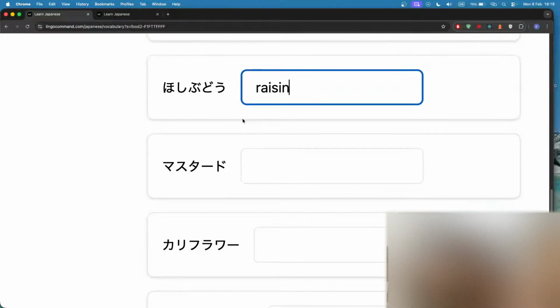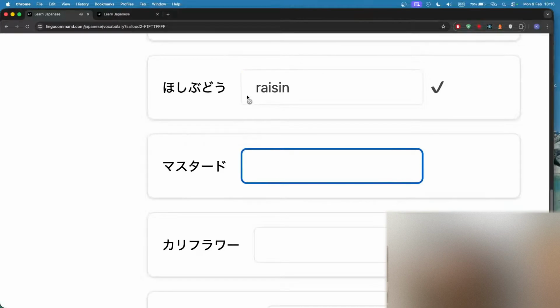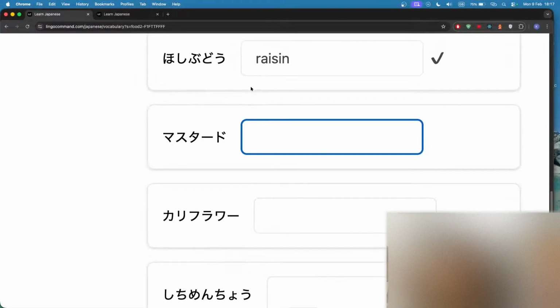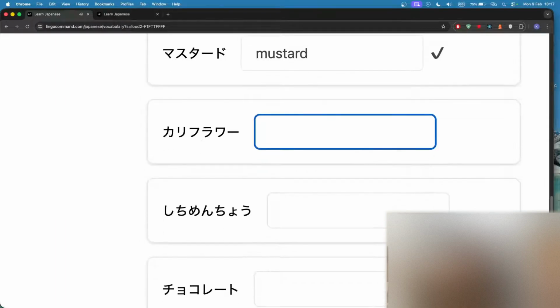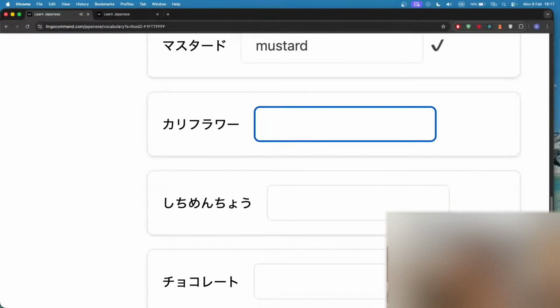And that sort of means it's kind of internally consistent, right? Because to make a raisin, you just dry grape. Masutado. Mustard. Gotta be. Cauliflower is cauliflower.